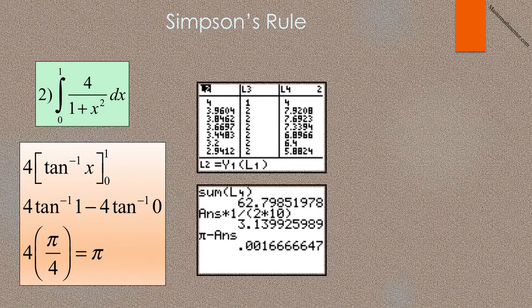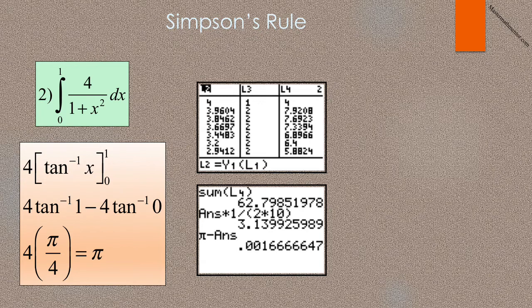We will let n equal 10 subintervals. So in L1, we will put our values of x, which are 0, 0.1, 0.2, ... 0.9, and 1. In L2, we will find y1 of L1.